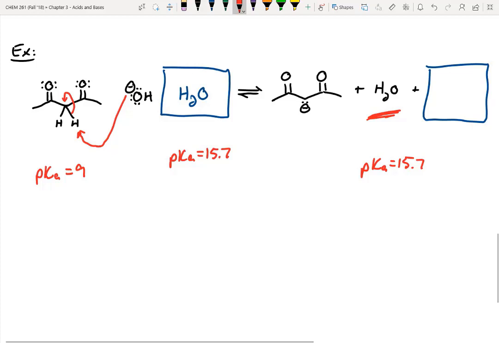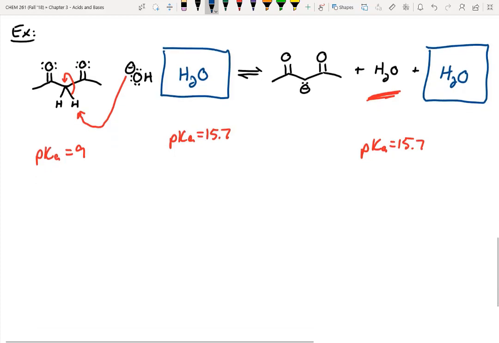So in this case, water is not only our solvent, but it's our conjugate acid. As a chemist, I like this. This is fewer steps of purifying my product. I don't have to get rid of my solvent because it's the same as my conjugate acid. So in this case, oftentimes we choose a solvent that is the same as our conjugate acid. Does that make sense? It just makes life a lot easier for chemists.